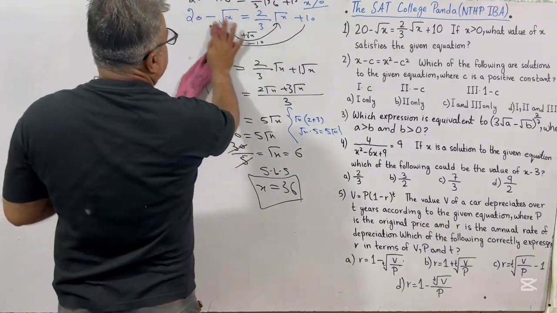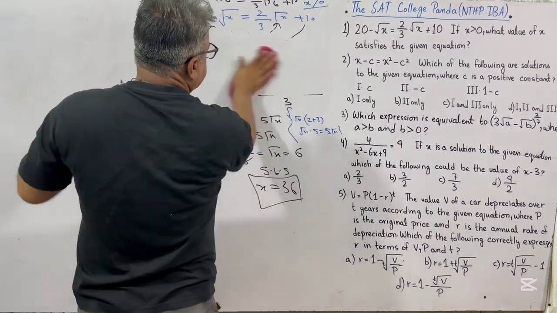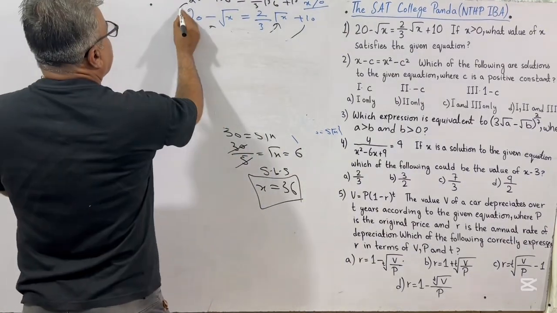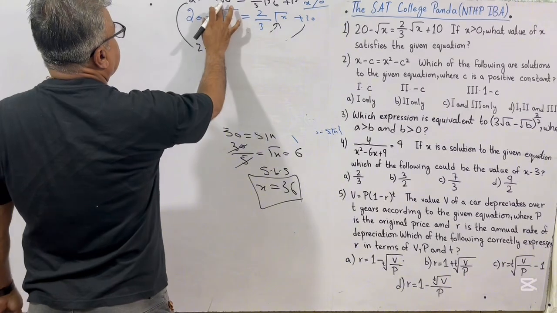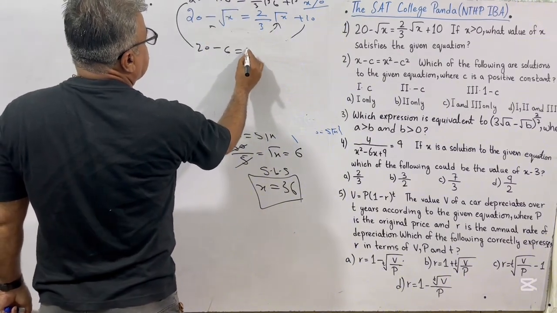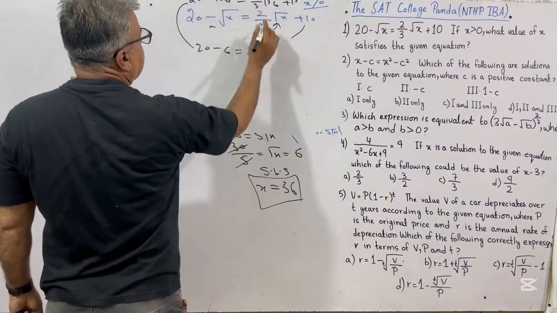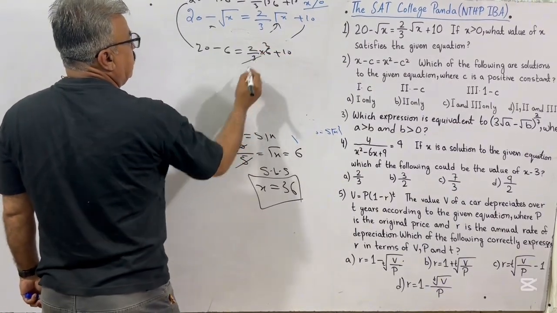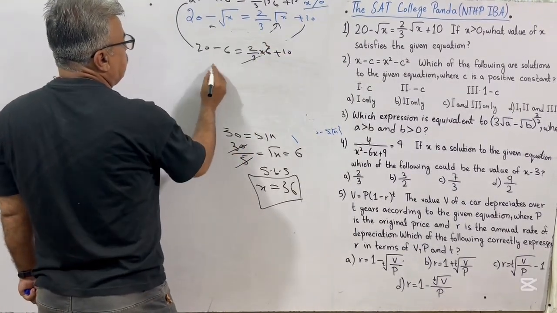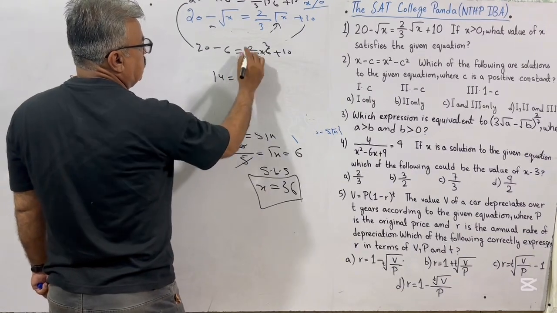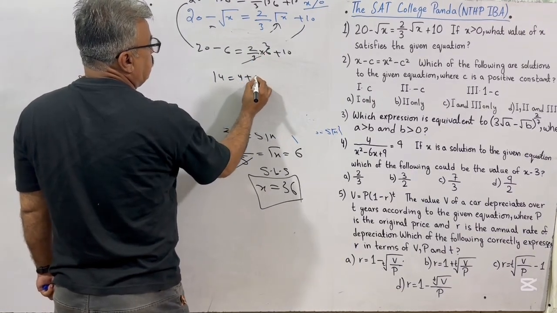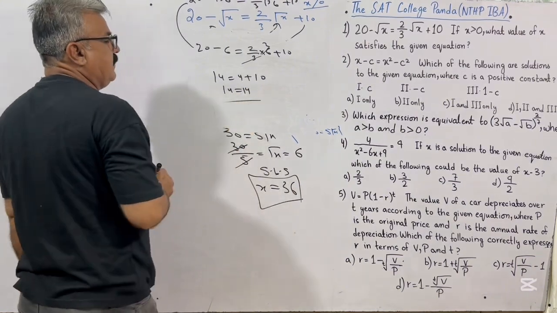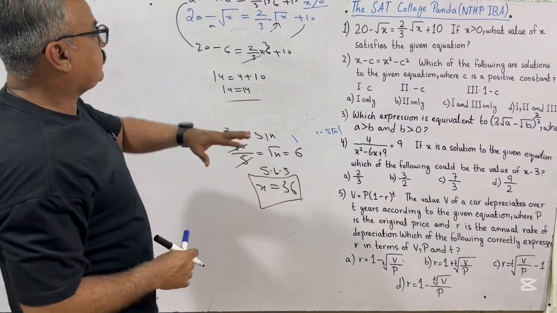Making space for ourselves, it is something like 20 minus 6, the square root of 36 is 6, is equal to 2 over 3 times 6 plus 10. Applying the table, 3 times 2 is 6. 20 minus 6 is 14. 2 times 2 is 4, plus 10. 14 is equal to 14. One can verify.